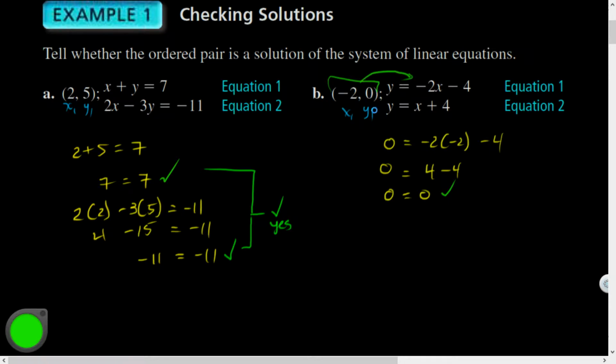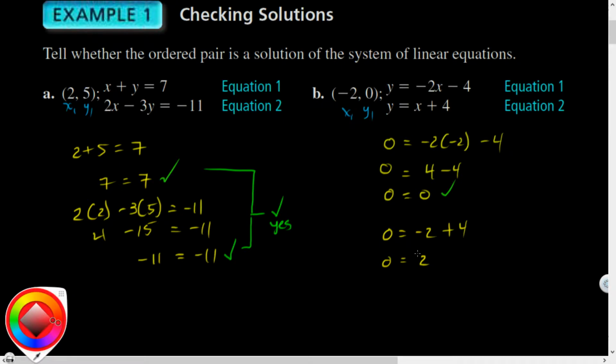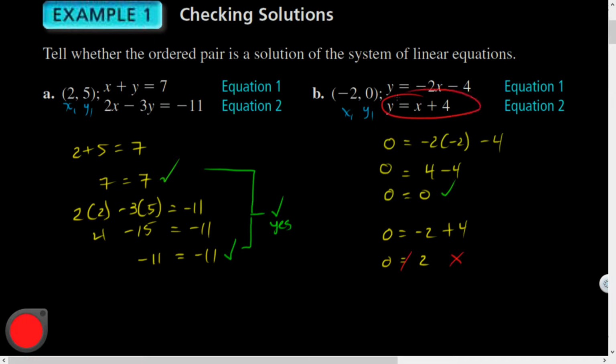You guys feeling it? That makes sense? All right, let's plug it in the other one. Is 0 equal to negative 2 plus 4? 0 equal to 2? Uh-oh. It is not a solution of this equation. What does that mean graphically for this point and this line?